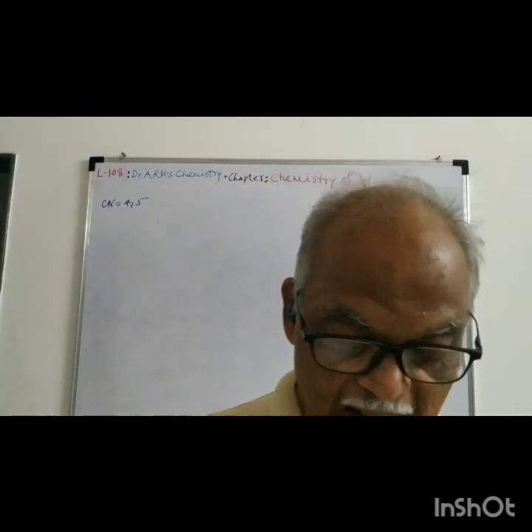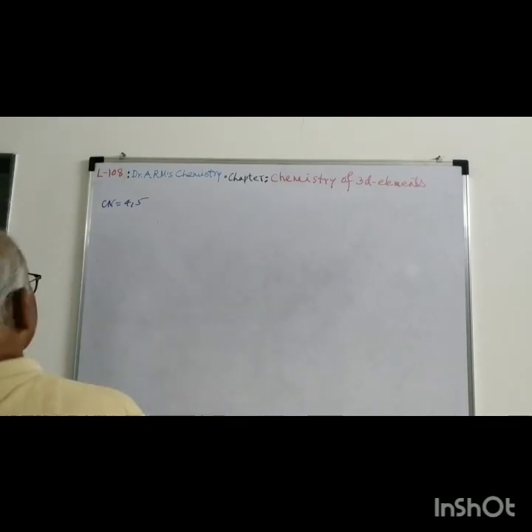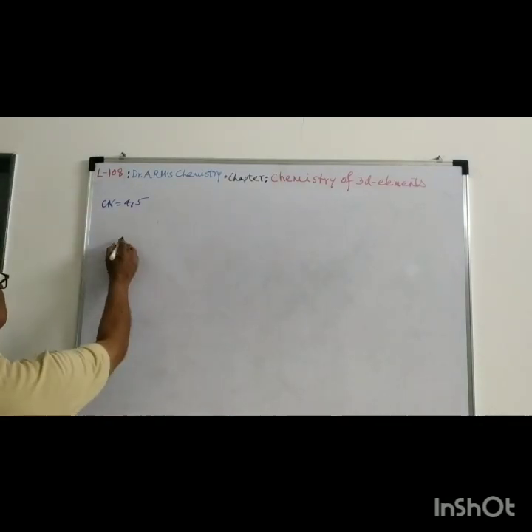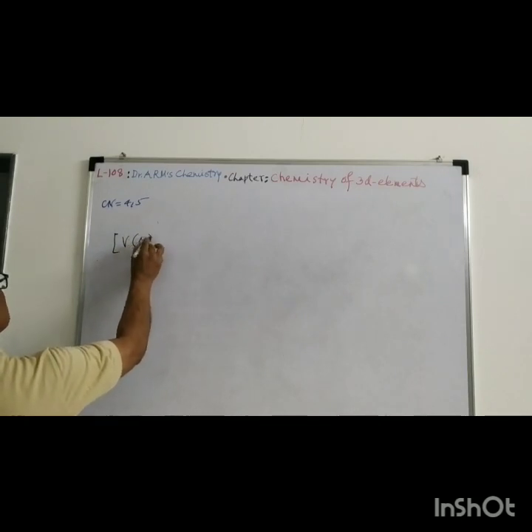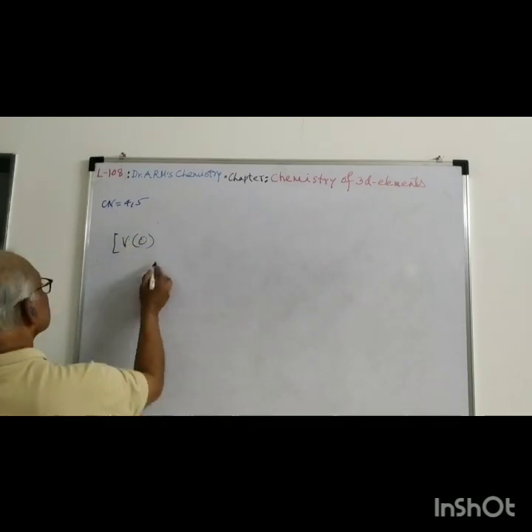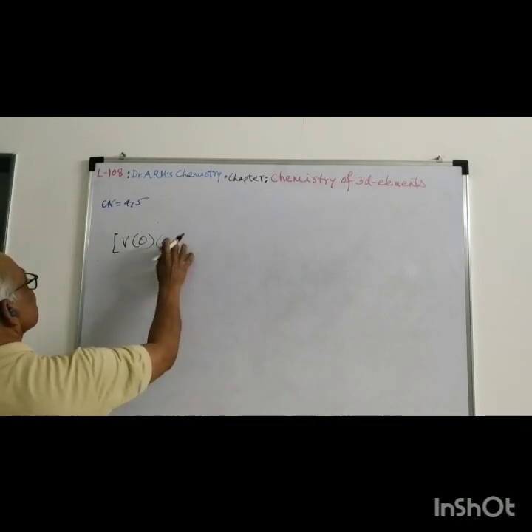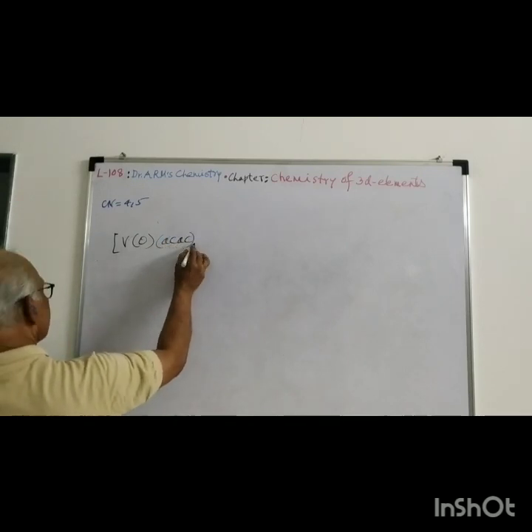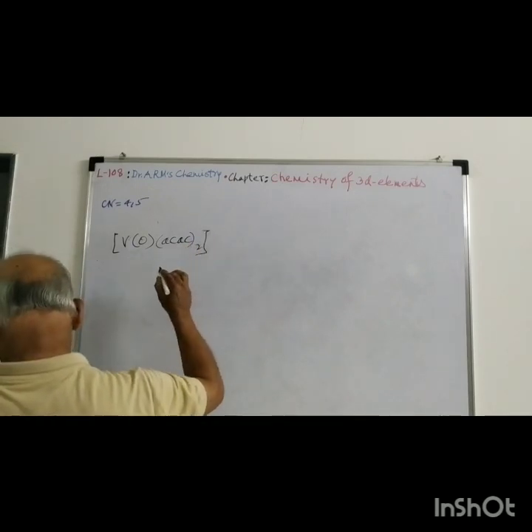Okay, we will see the next example, VO(acac)2.